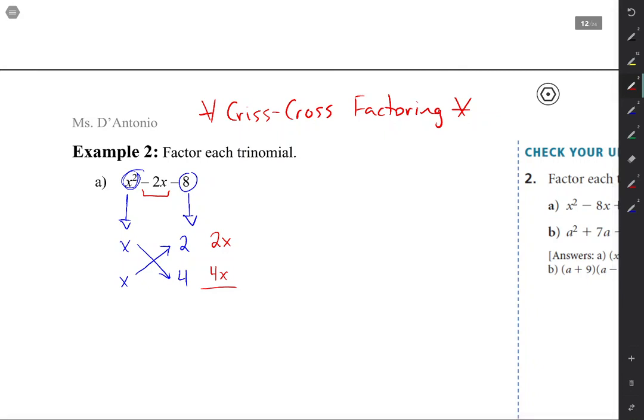Okay, so is there any way that we could get negative 2x from 2x and 4x? Yes, there is. We could do plus 2x minus 4x, because that would give us minus 2x, which is our middle term, and that's what we're looking for here.